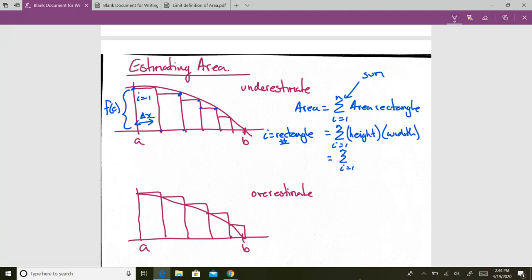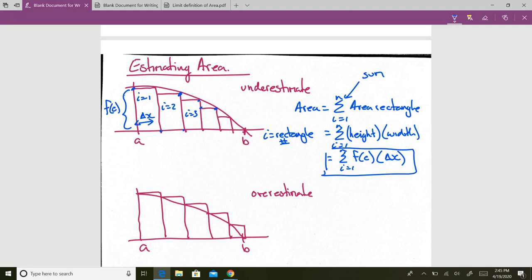This is i equals 1, i equals 2, i equals 3, etc. The height is going to be dependent on some number c. So it's going to be f of c times the width, which is delta x.